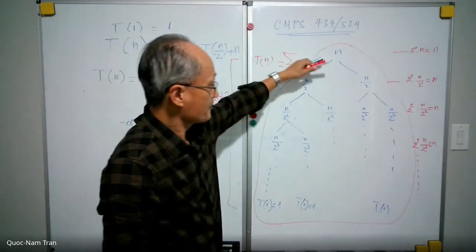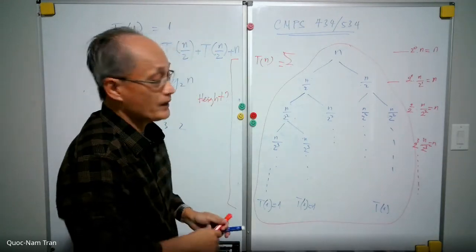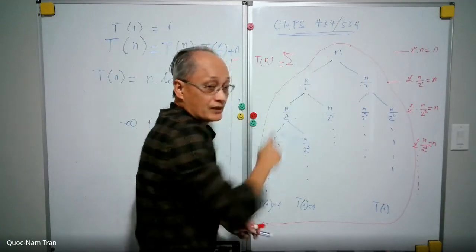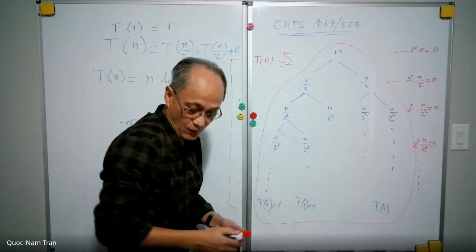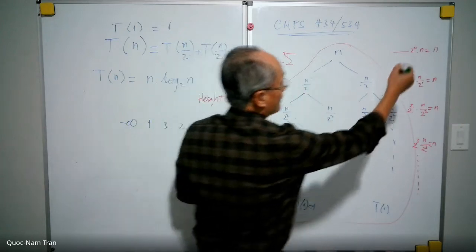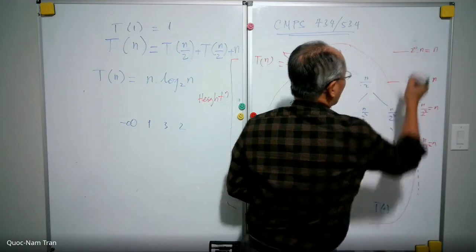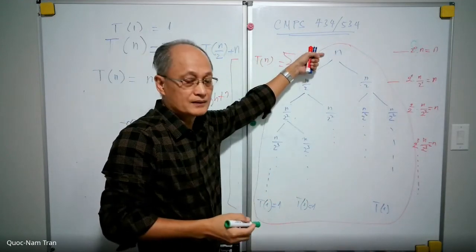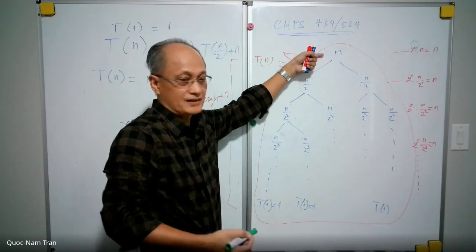What is the height? So here we know that this one we call level 0. Why level 0? Because you look at this one. We can say that this one is level 0, and level 1, that is fine.